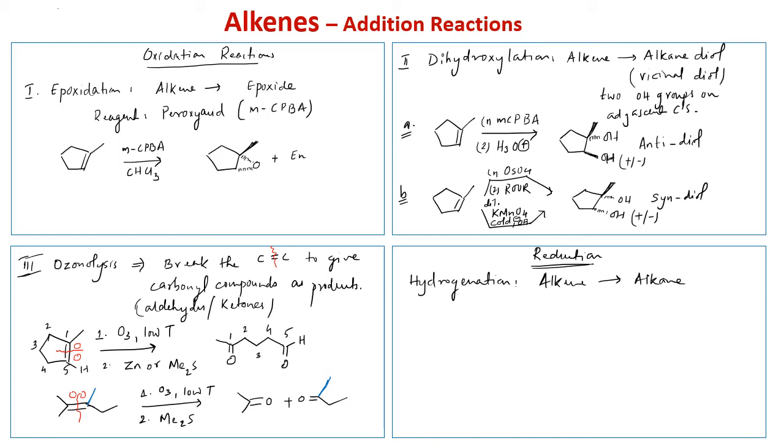This reaction is done using a catalyst, let's say platinum or palladium, any of those metals, and hydrogen gas. So if I did hydrogen gas with platinum as a catalyst on the molecule we were using, my product is going to be the alkane. You add the hydrogens to that double bond.